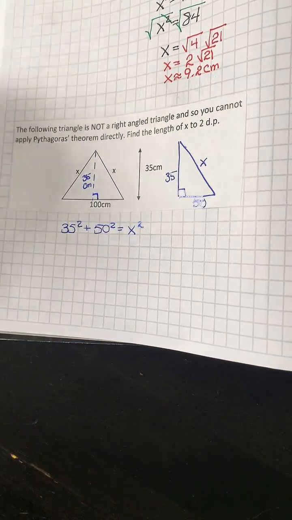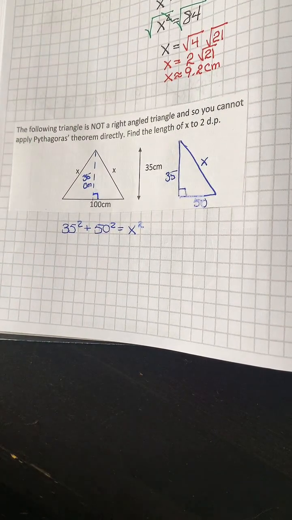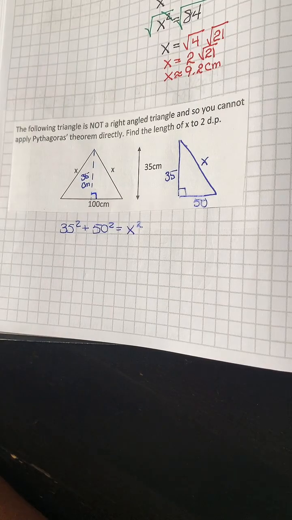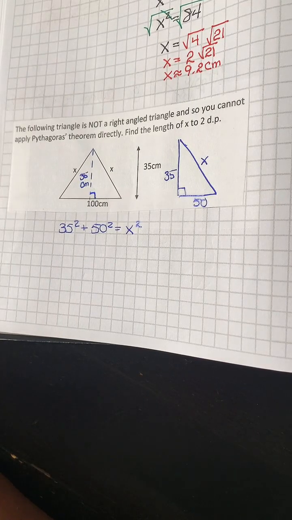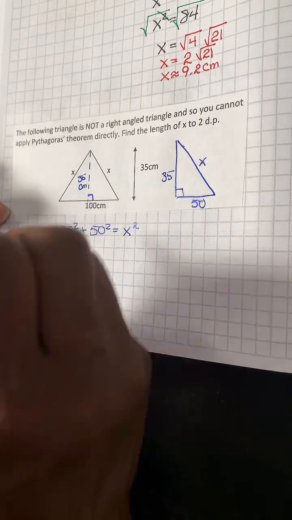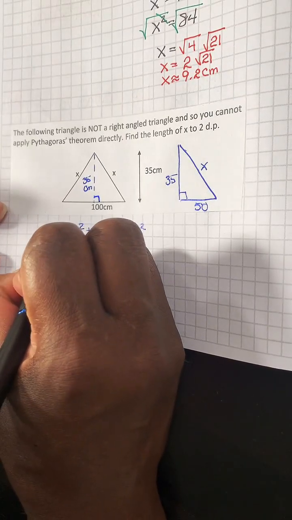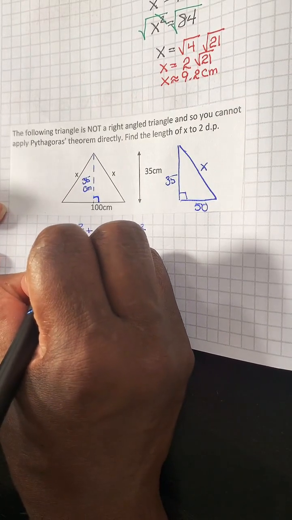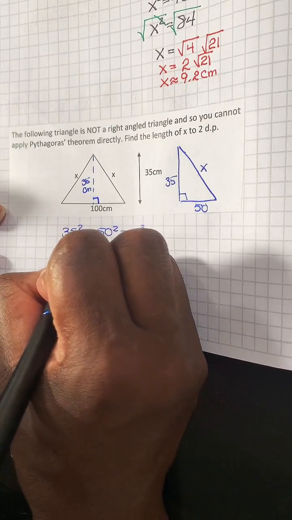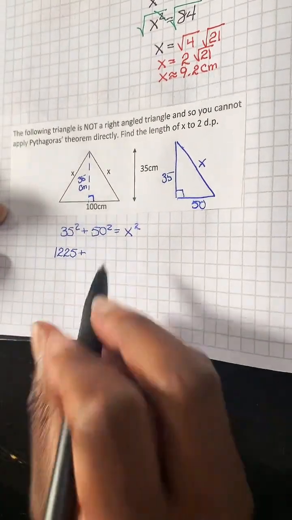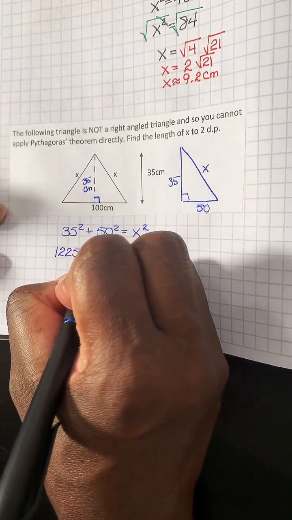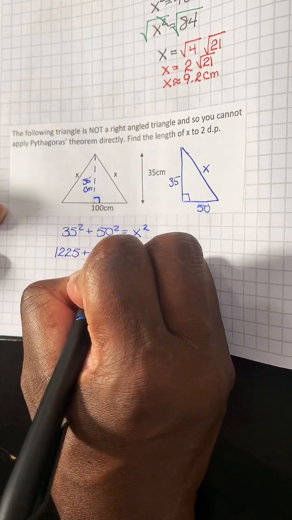All right. So, handy dandy calculator. 35 squared. I'm going to be truthful, I do not have that in my brain. I'm not even going to sit here and trip. 1,225. Okay. With the 50 squared, we know that that's going to be 2,500.